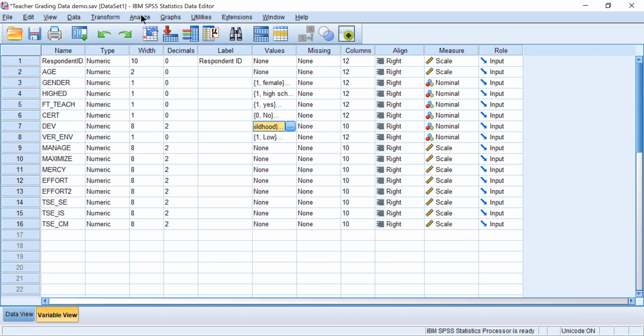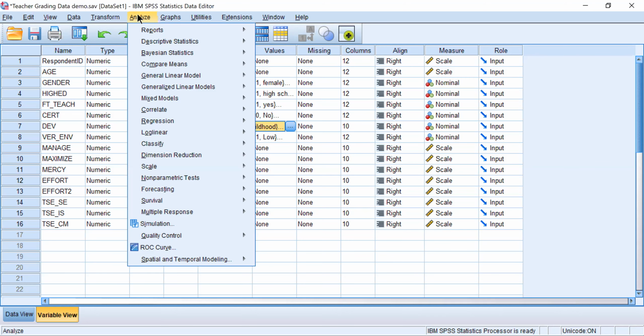SPSS often offers multiple ways to perform the same analysis, especially basic analyses, because there are ways that have accumulated over multiple generations of the development of SPSS, and they tend not to drop an analytic method. They tend to just sometimes make it less prominent, but it still is there in the language.